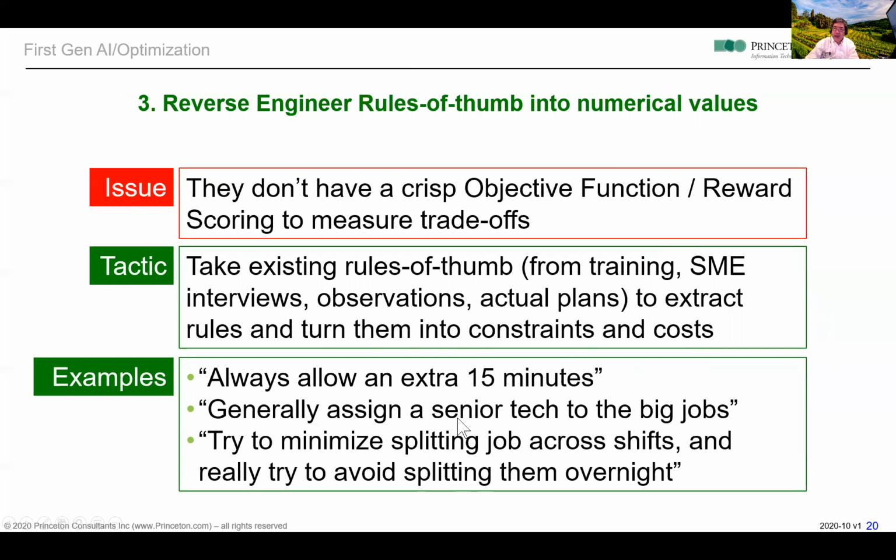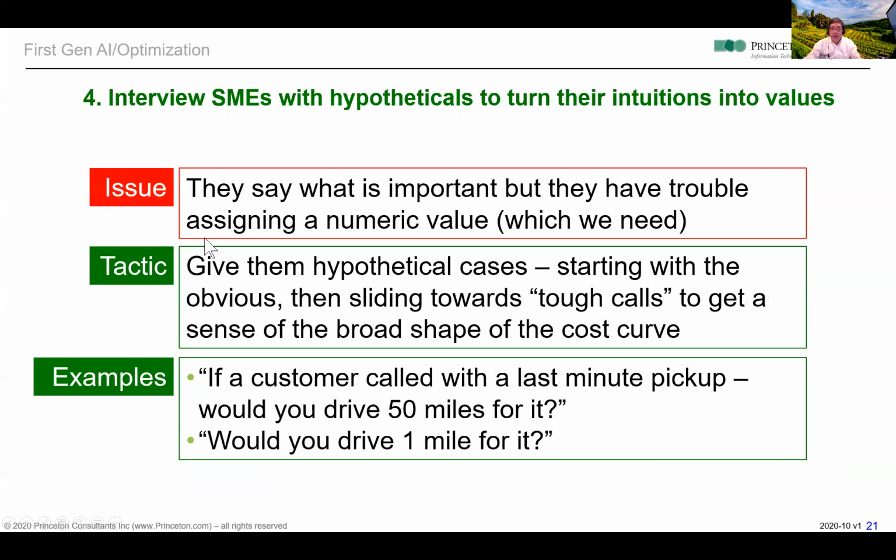We generally assign senior tech to the big jobs. We try to minimize splitting jobs across shifts, and we really want to avoid splitting them overnight. And so you basically extract these rules, and that gives you your first step in. It's up to us now to come up with numbers, but at least we have a language of what they're trying to accomplish in a format that they can understand, which are basically the rules.